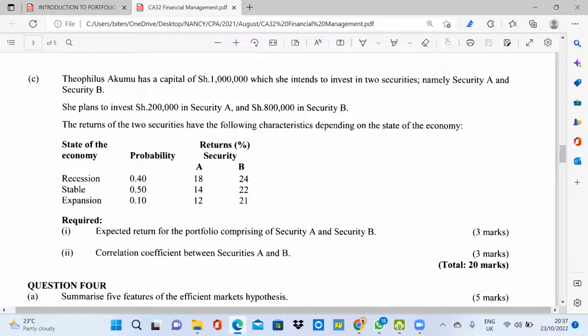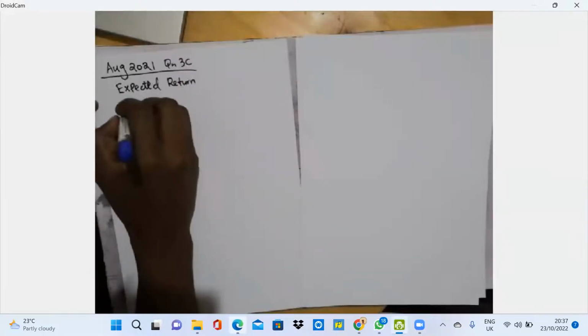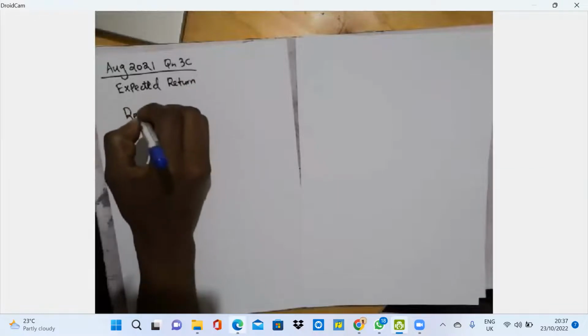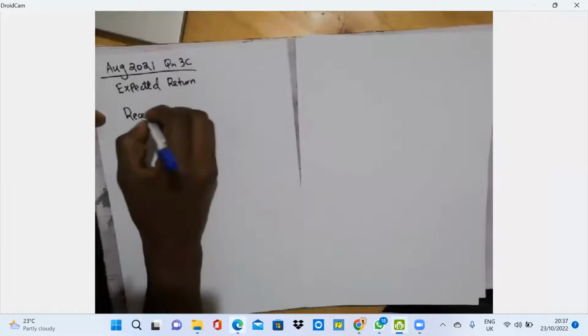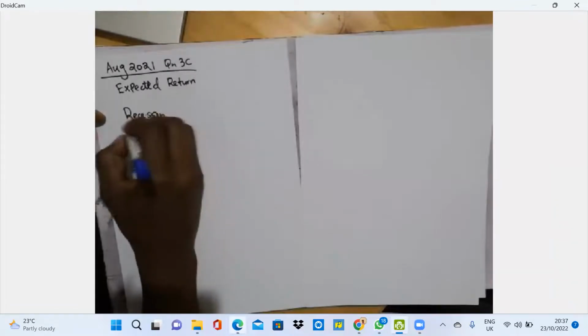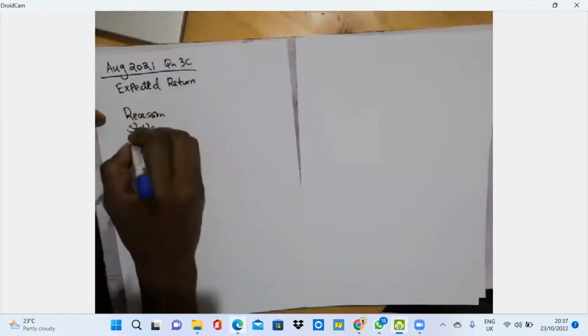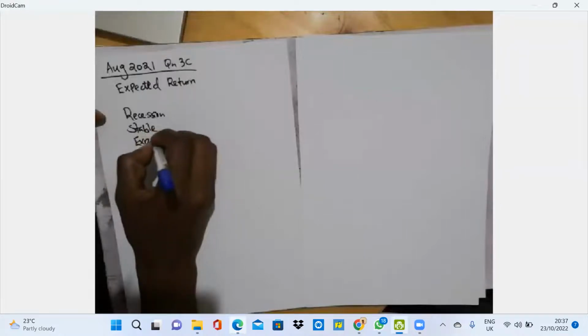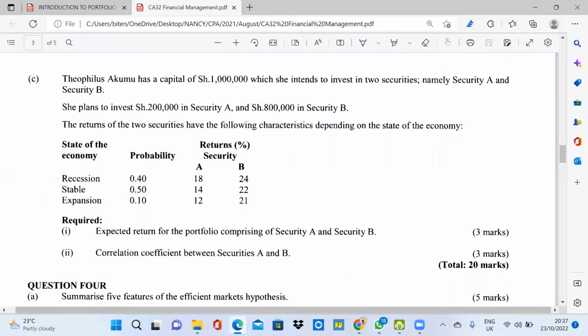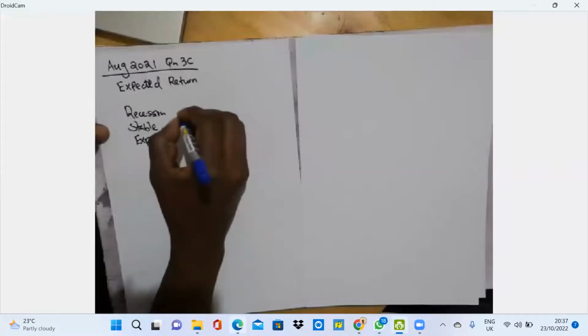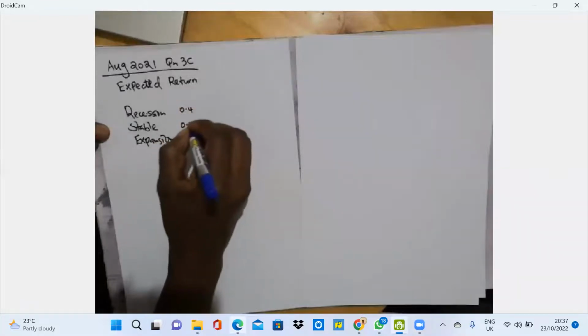So we have the state of economy: recession, stable, and expansion. The probability we have 0.4, 0.5, 0.1.